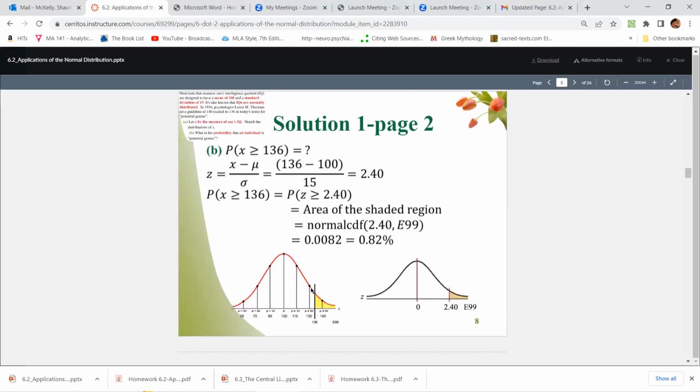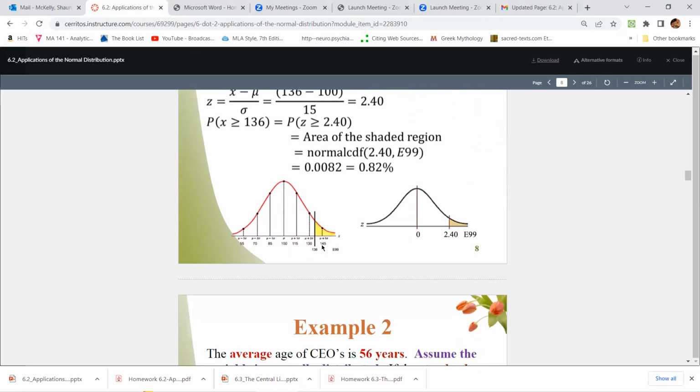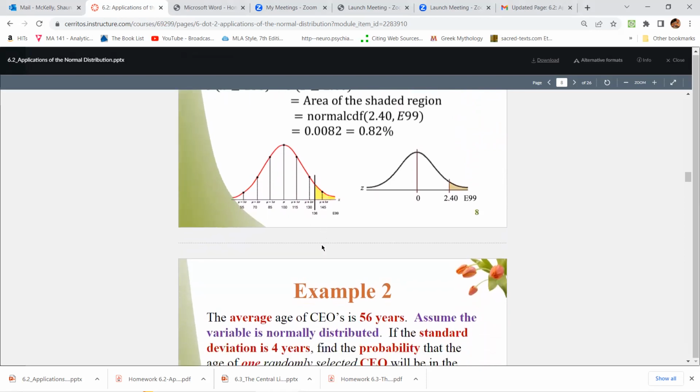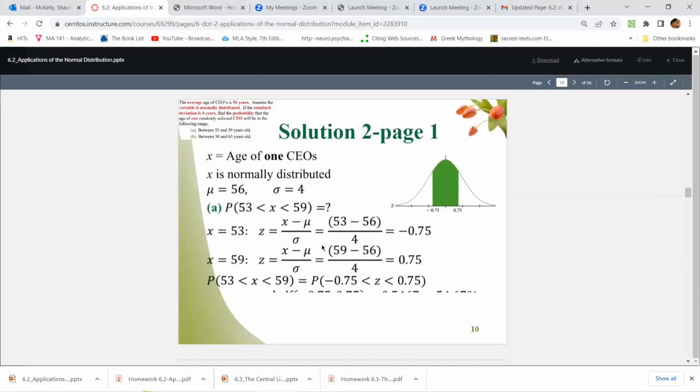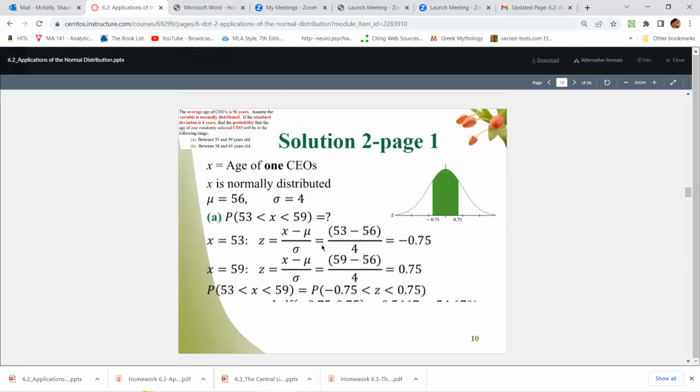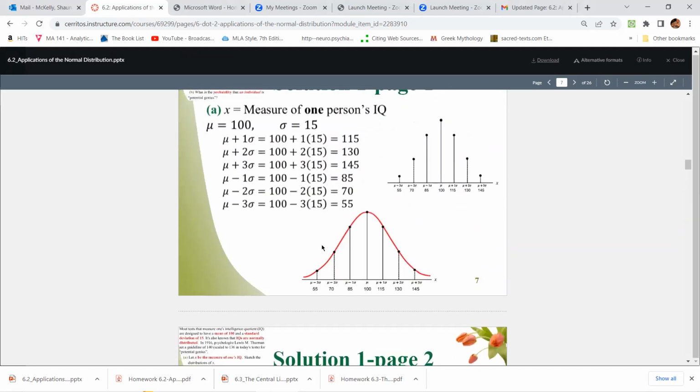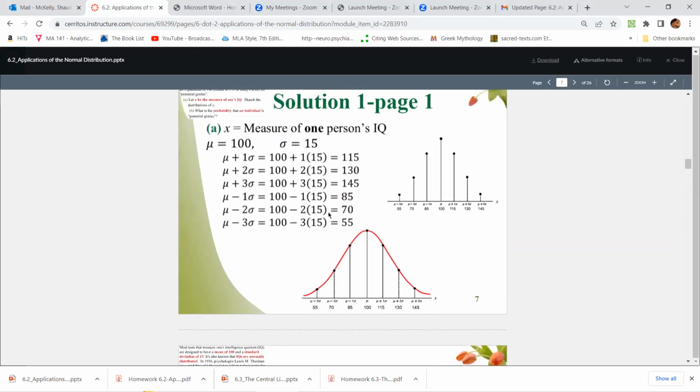So you're going to go to your calculator and find the normal CDF of that, okay? And most of the problems are going to work like this. We can also go backwards and, given an area, we can find the score, and we'll talk some more about that when we get there.